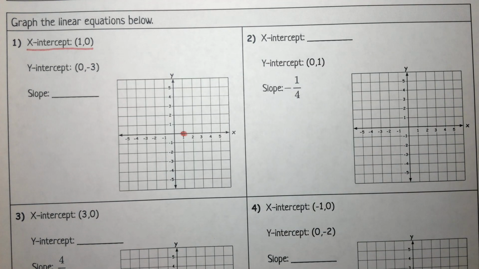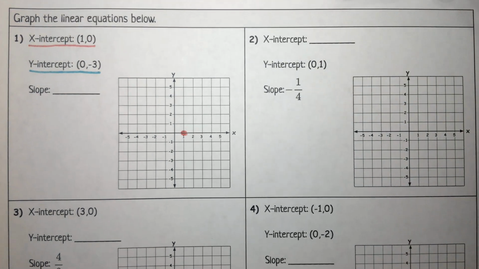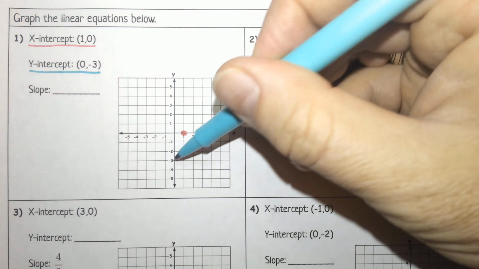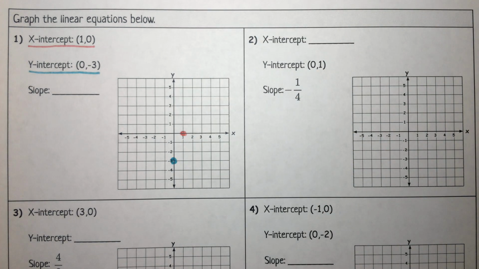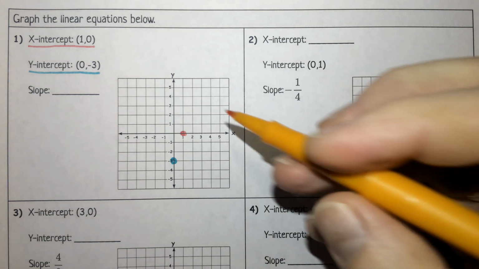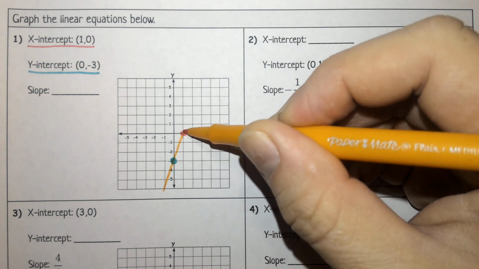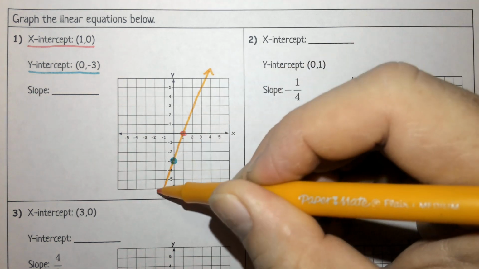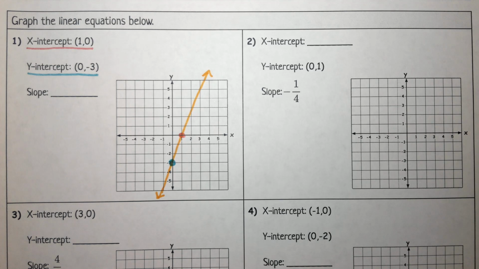Okay, and now it gives me a y-intercept, (0, -3). So on the y-axis, I go down to -3, put a point. And then now I can draw a line and connect the dots. So there is my linear equation.